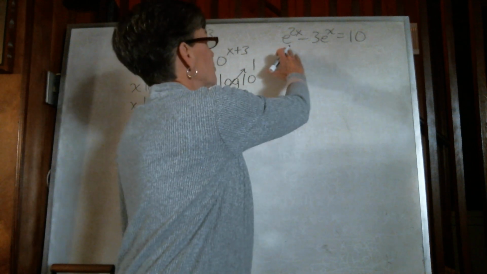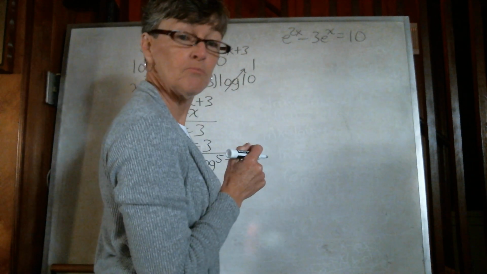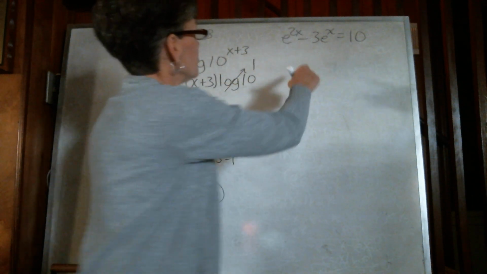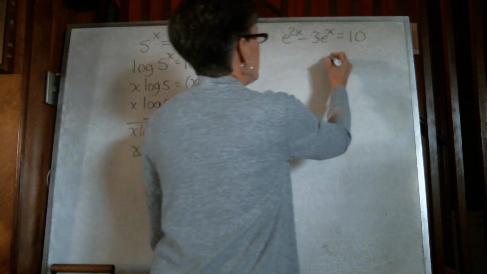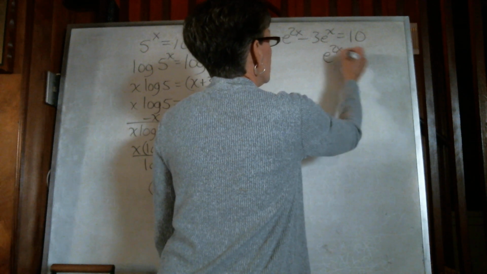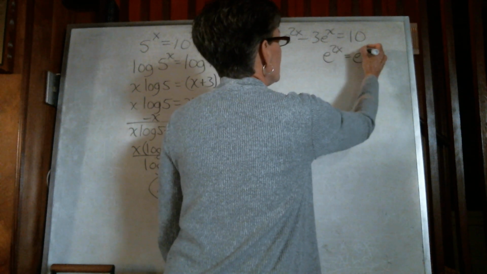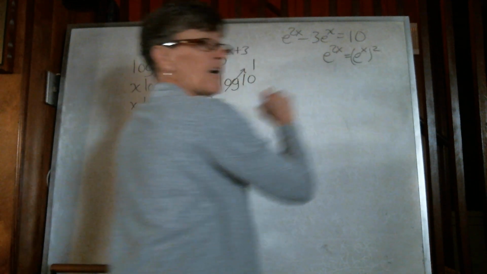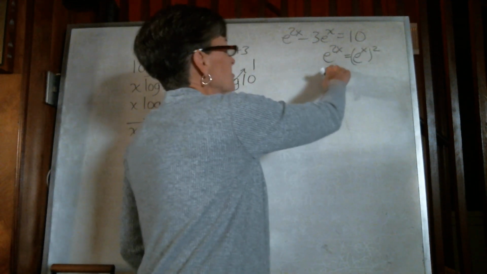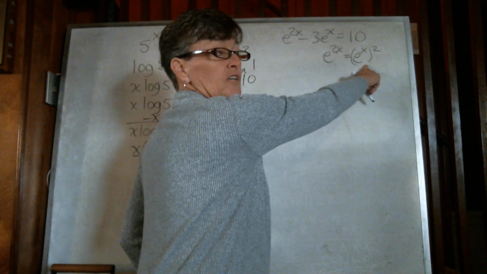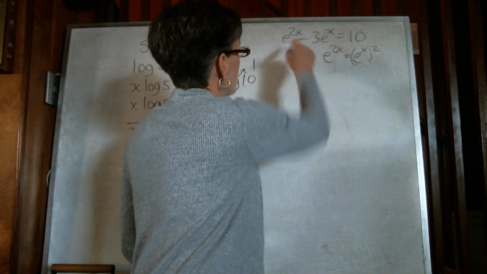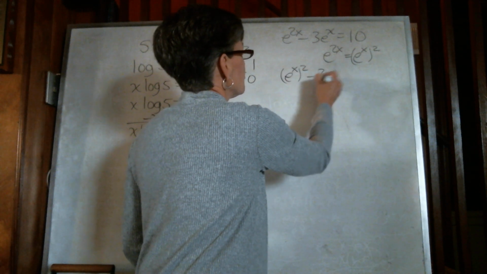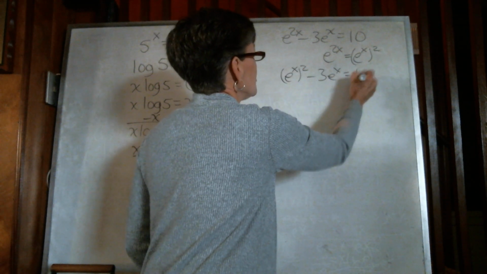And this one in particular can be written several different ways. The most useful way in this situation is to understand that e to the 2x can be written as e to the x, squared. You see, you just multiply exponents. So this is not too helpful, but this is very helpful because now if I write it this way, then I've got e to the x squared minus 3e to the x equals 10.